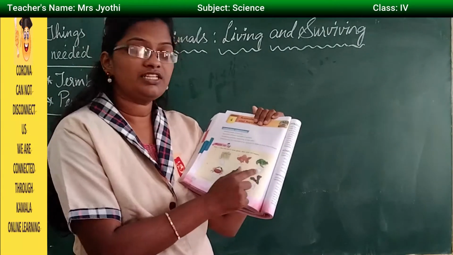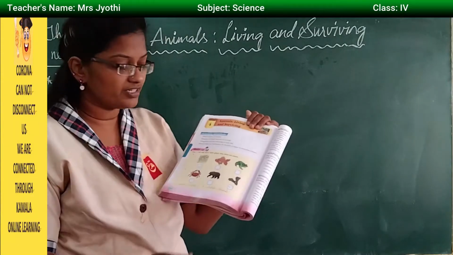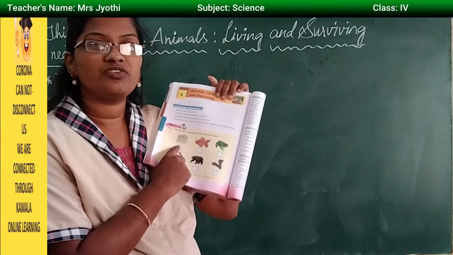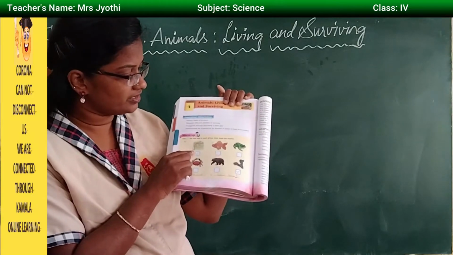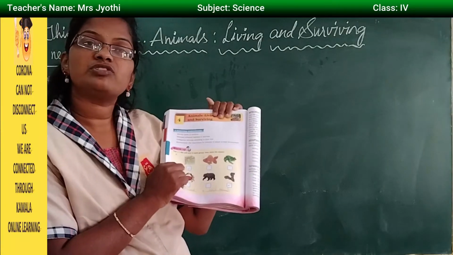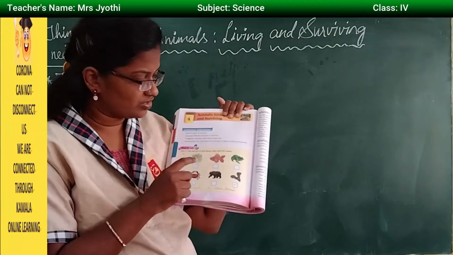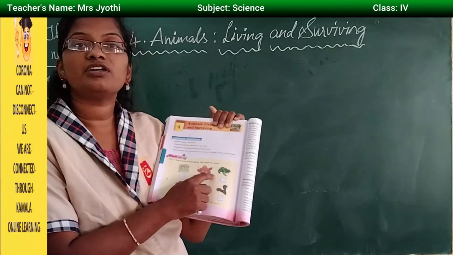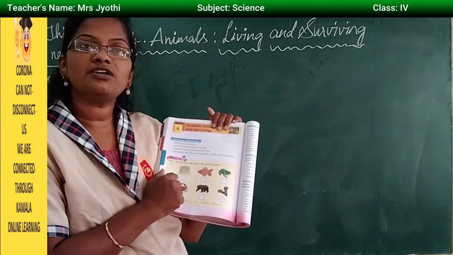Which is the odd one? The odd one is the lizard. The lizard is a reptile and it lives on land, in the houses or in old buildings. Whereas fish and frog live in water. So the lizard is the odd one.